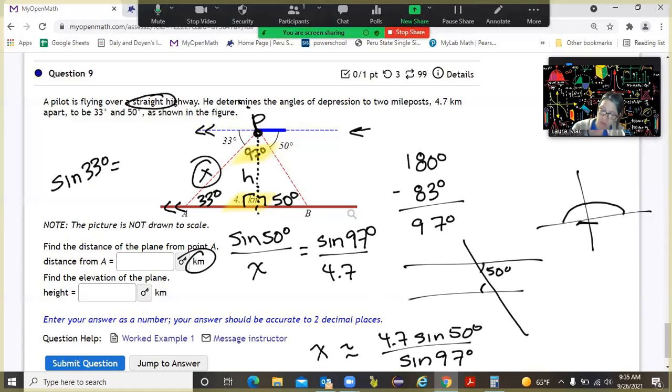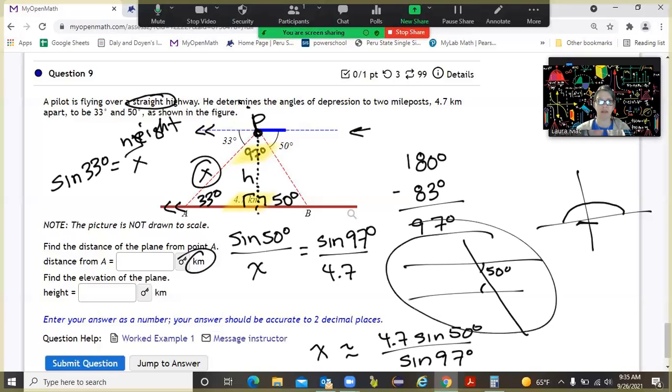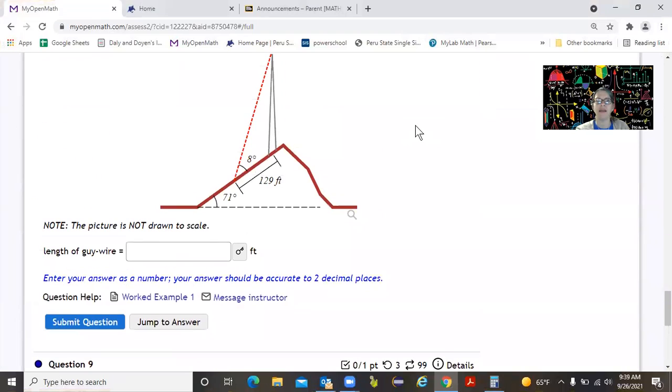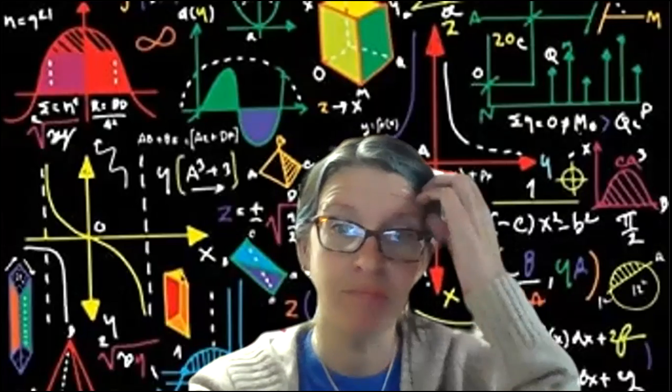So that's opposite over hypotenuse. Then you can solve that for H. Sorry, I guess I shouldn't have used H, but I meant for that H to be height. So kind of a neat question there, using some old school geometry to see that angle. You may actually have to do that on that last question too, use some geometry. All right, so some word problems with law of sines and some others. And that is our law of sines.